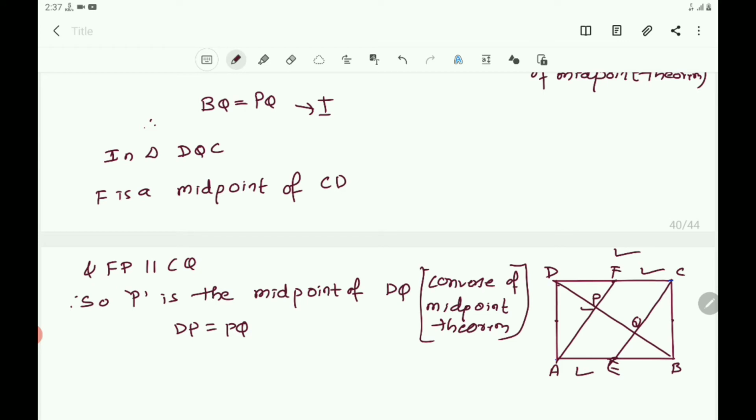So here, from first you got that BQ equals PQ, and from second you got that DP equals PQ.